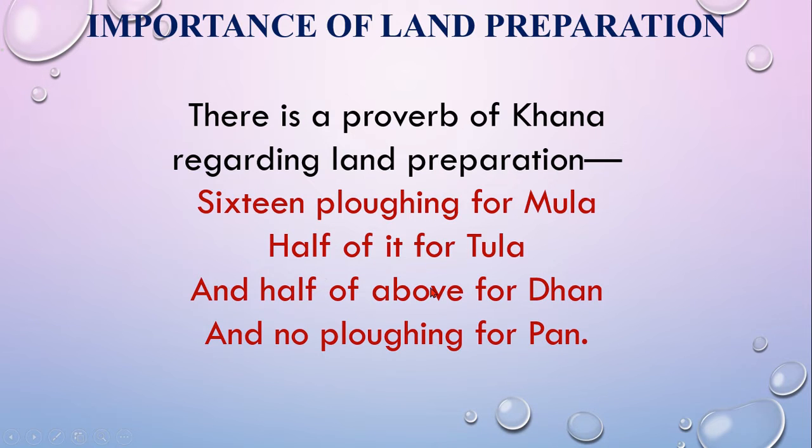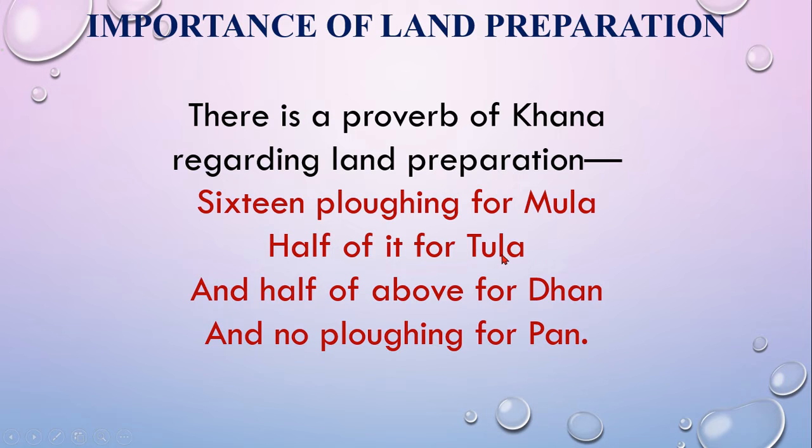Cotton needs 8, rice needs half of that, that means 4 plowings. And no plowing for pan. Pan means betel leaf, that means for betel leaf you don't need any type of plowing. So in your MCQ you can get questions like how many plowings you need for radish or mula cultivation.